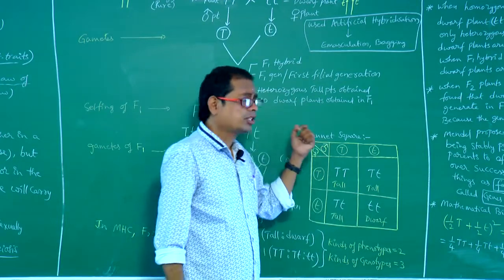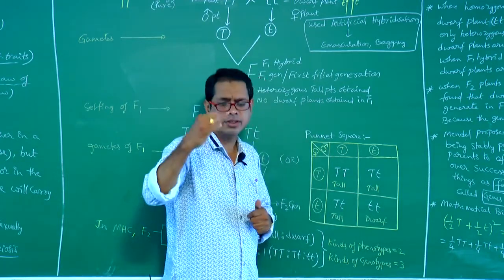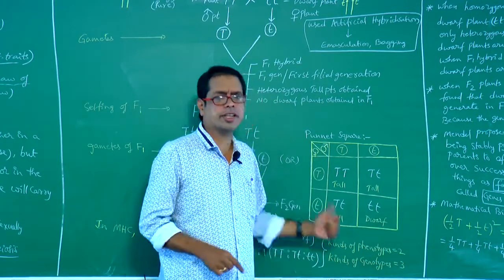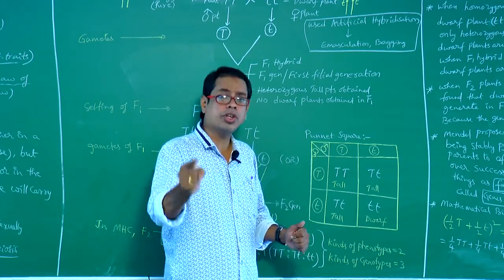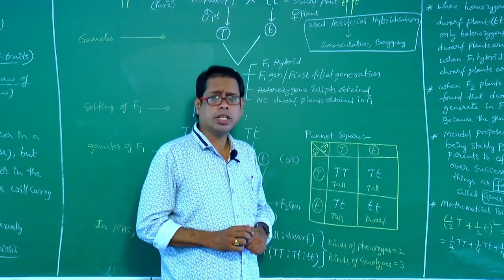By seeing the Punnett square, we are able to say the phenotypes and the genotypes of offsprings. That one you have to understand.